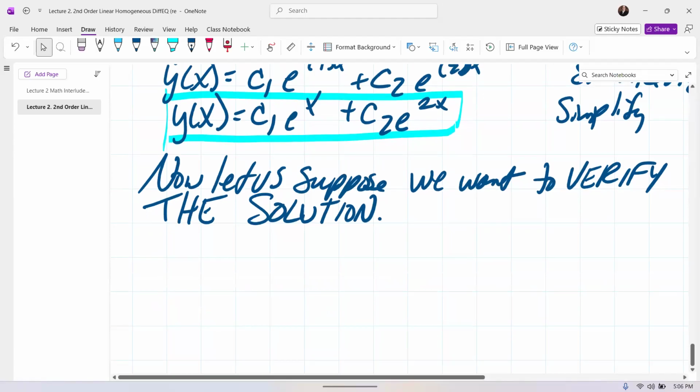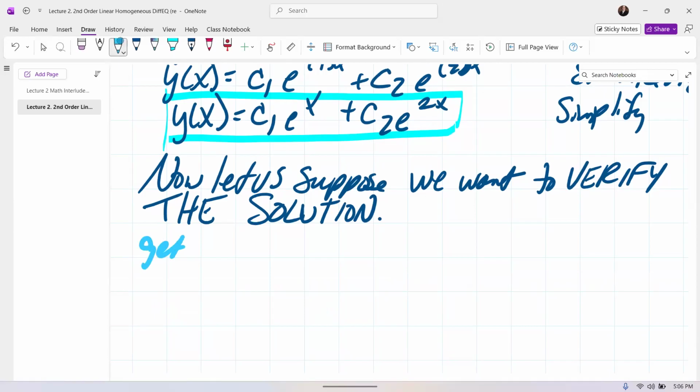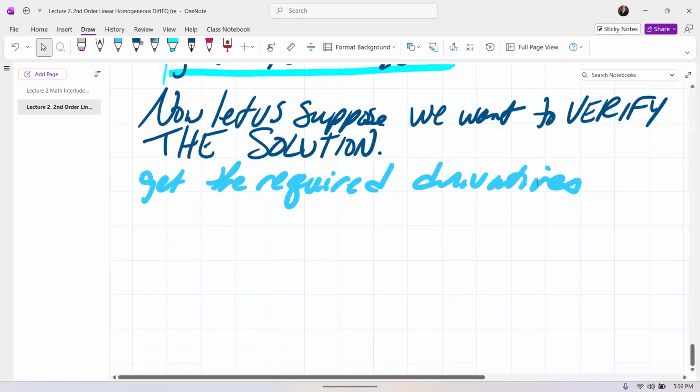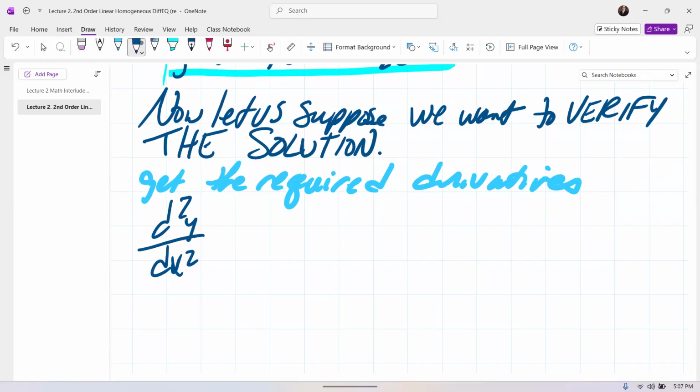But we have all these differential equations, and we're going to need a couple of derivatives. So the first thing that we need to do is get the required derivatives. So we do this by going back to the original equation and then getting the required ones. So here we go. D squared y over dx squared minus 3 dy dx plus 2y equals 0.